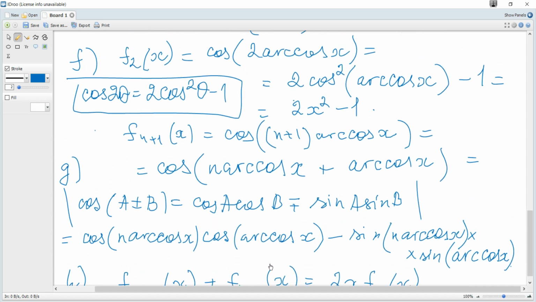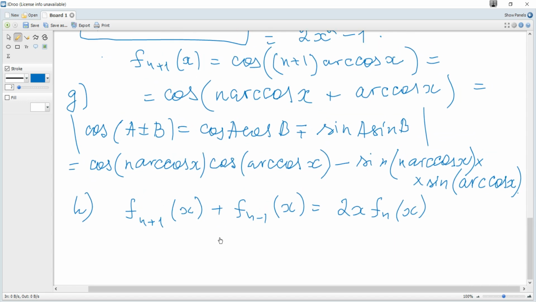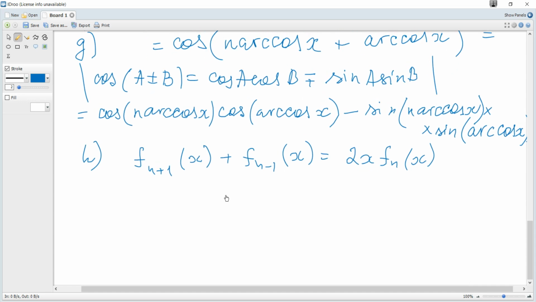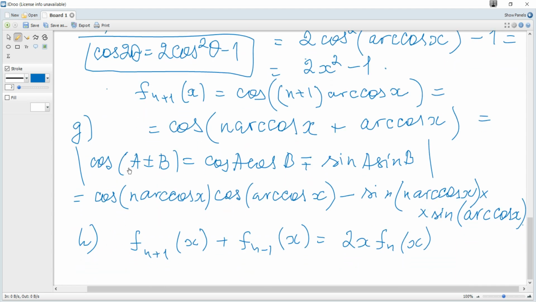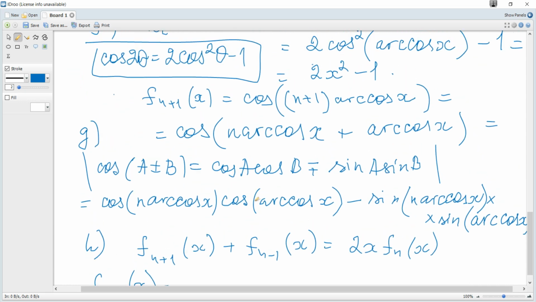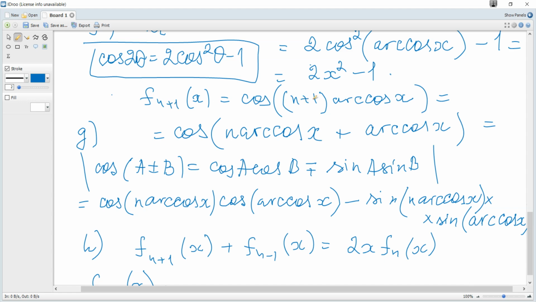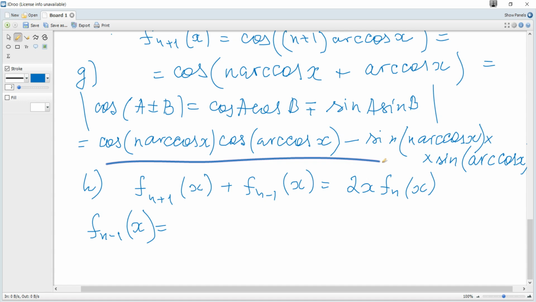So we have obtained f_{n+1}, so we need f_{n-1}. For f_{n-1}(x), it will be n minus 1, so it will be a cosine of the difference, absolutely the same, but there will be a plus.